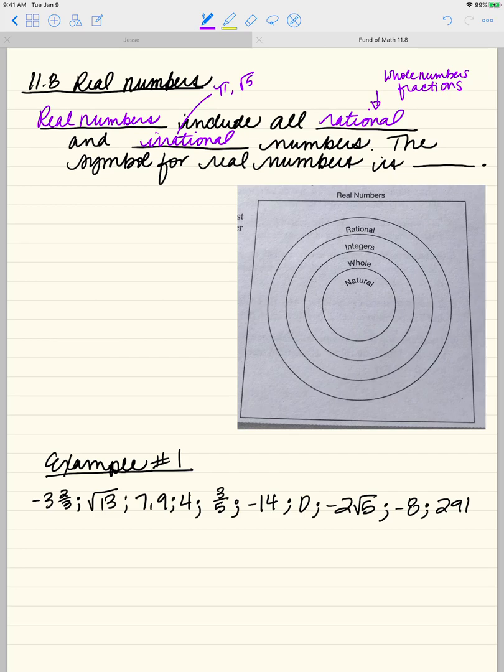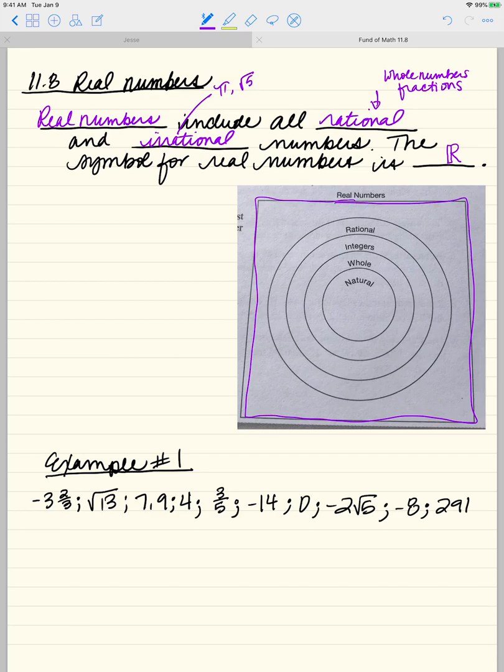The symbol that we use for real numbers looks just like a capital R, but it has almost like a rectangle for that line on the R. So that is the symbol for real numbers. What I want to show you here is this big box that says real numbers.